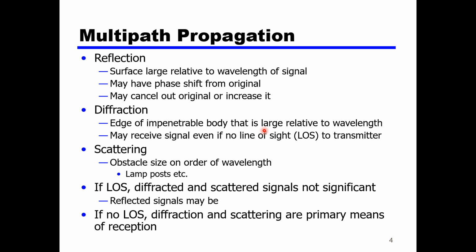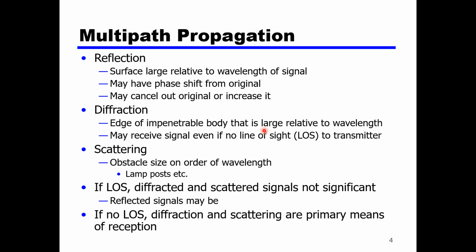This is multipath propagation. So what is multipath propagation? Multipath propagation means the signal is propagating. Someone wants to communicate with some destination receiver, and then the signal is propagating.